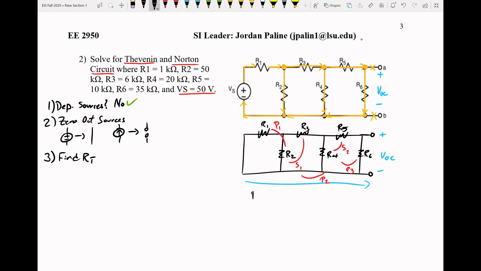So R parallel one will be equal to R1, which is 1, times R2, which was 50, over 1 plus 50.